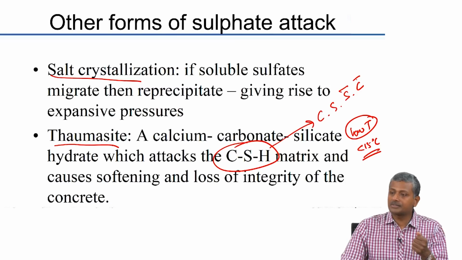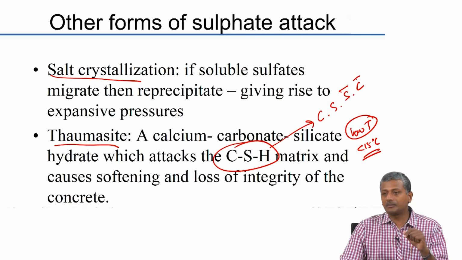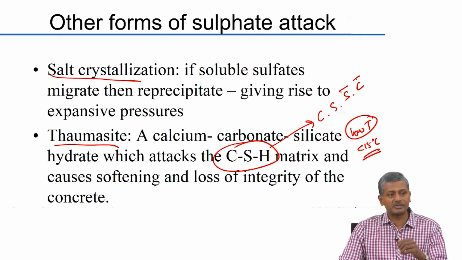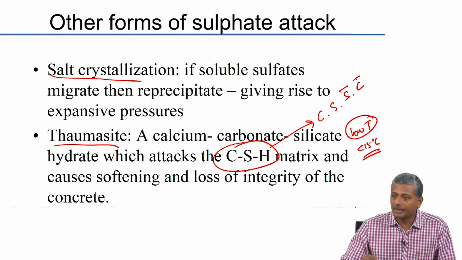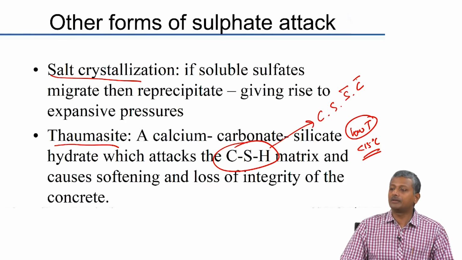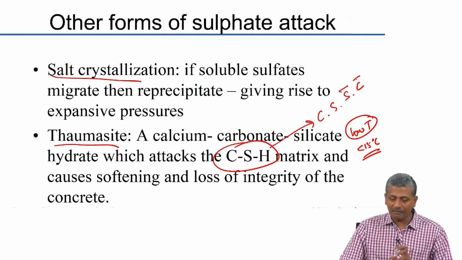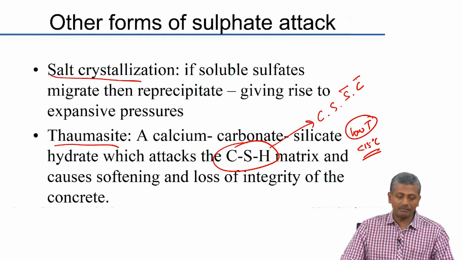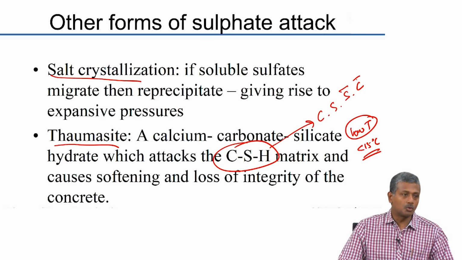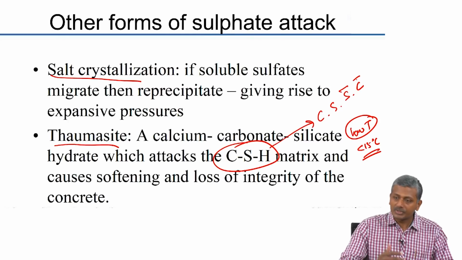So, there have been instances where this has been detected as the cause of damage. In the early days, people were not able to distinguish thaumasite from ettringite because both of them look quite similar as far as the X-ray peaks were concerned, but later people started looking at these mechanisms and at the influence of carbonate in these mechanisms. So, when you have carbonate sources available, you do have a chance of forming this material thaumasite, which leads to a lot more destruction as opposed to simple sulphate attack.